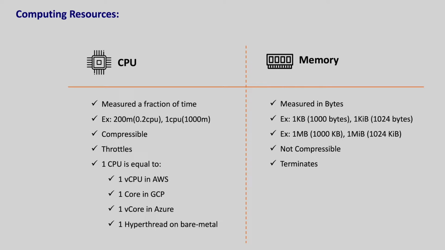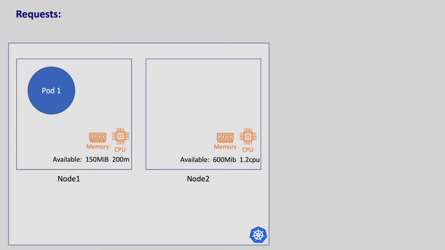These computing resources like CPU and memory are very important on a node, and we should be extra cautious while using them. Let's say we have an application and it needs minimum CPU and memory to start, for example, 1 CPU and 200 megabytes memory. If this application is deployed onto a node where enough resources are not available, our application may not start.